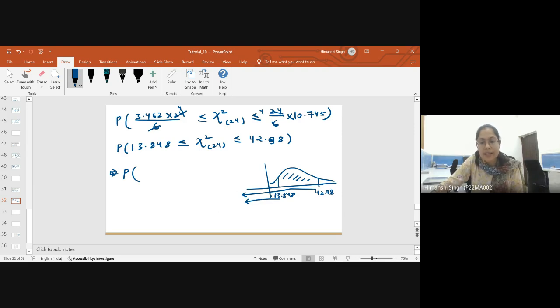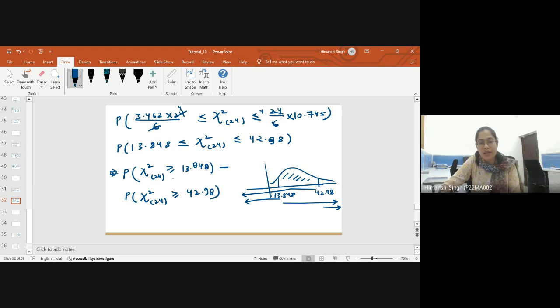Or I can write it as the probability chi square 24 greater than or equal to 13.848, the whole area, minus the probability chi square 24 greater than or equal to 42.98.